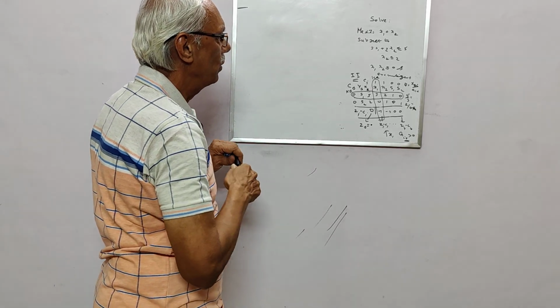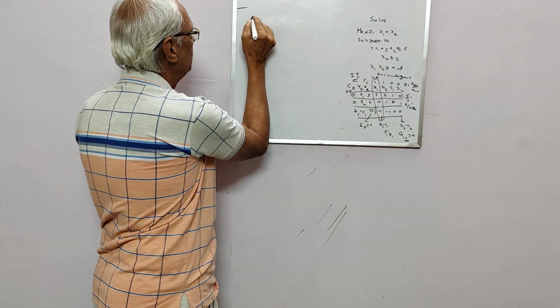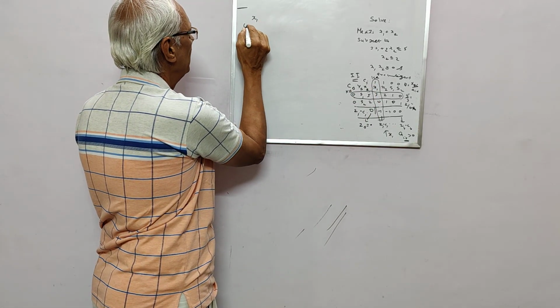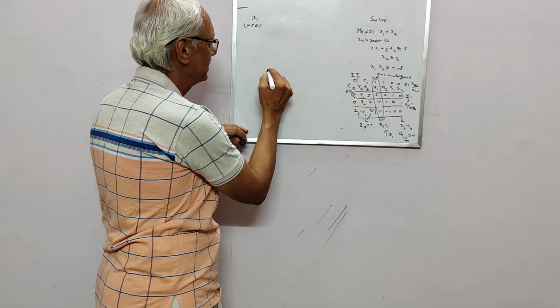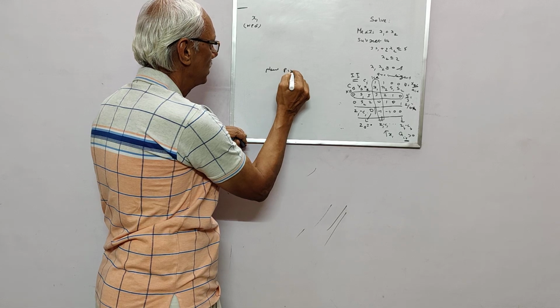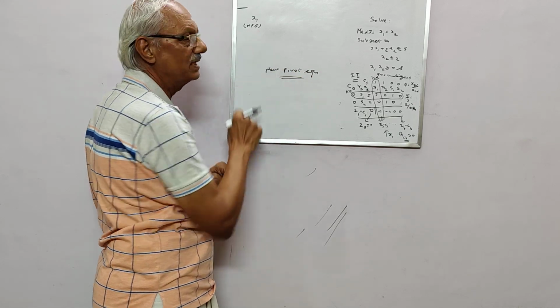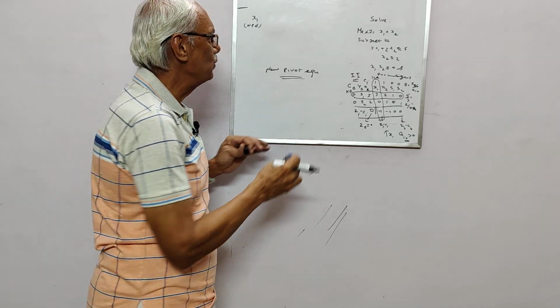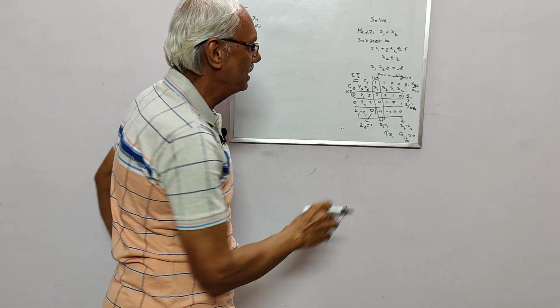See, I will write it clearly here. Which is entering variable? X1. So this X1 will be called the new pivot equation. So what I do is I form the new pivot equation.